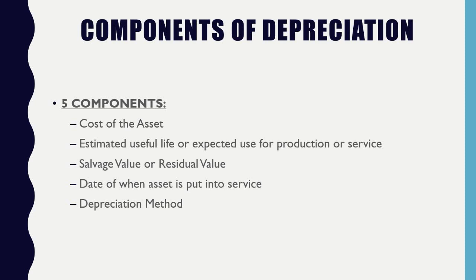Then you need to determine a salvage value, also known as a residual value. So what happens when the asset has ended its life? Does it have a value at the end of its life? And then the date that we placed it into service is very important. Not the date that you purchased it, but the day that you place it into service. And of course, the depreciation method that you're going to use to calculate the depreciation.